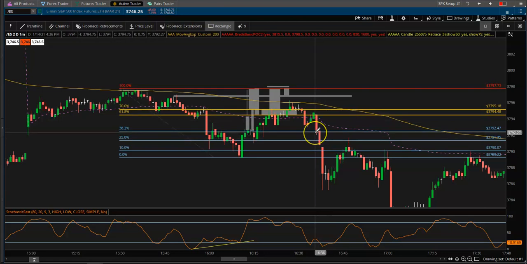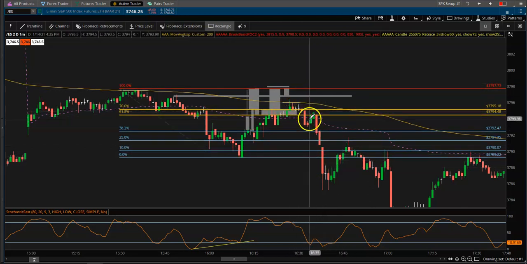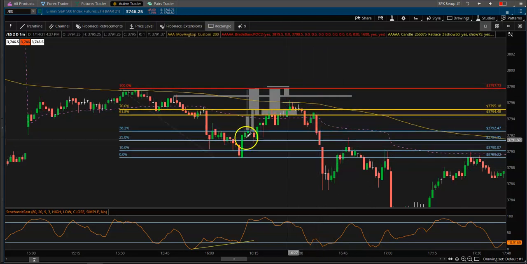Let me just get out everything there, because when you do the numbers, if you scale out, you have to have a full winner to really get those runners, but a lot of times it'll come to the 30, maybe even to the 30 or 25, and then reverse and stop you out.